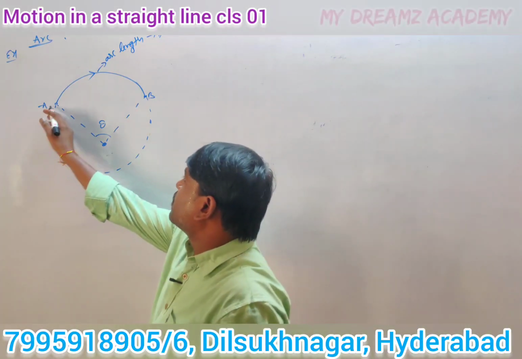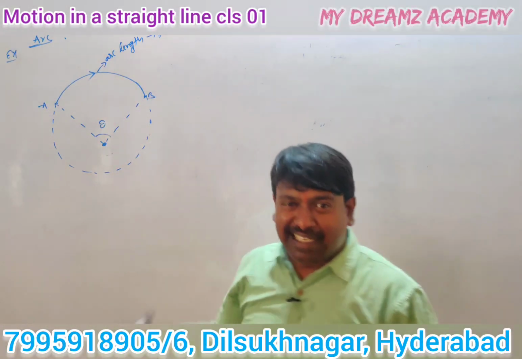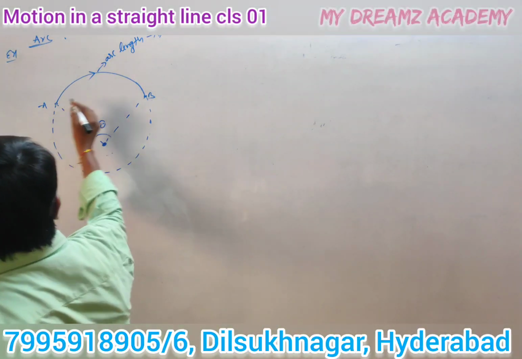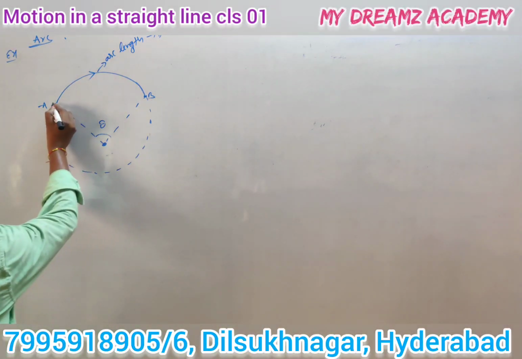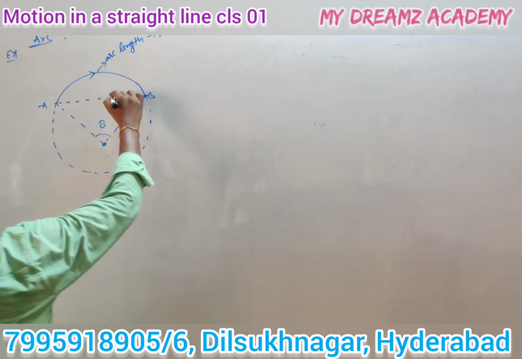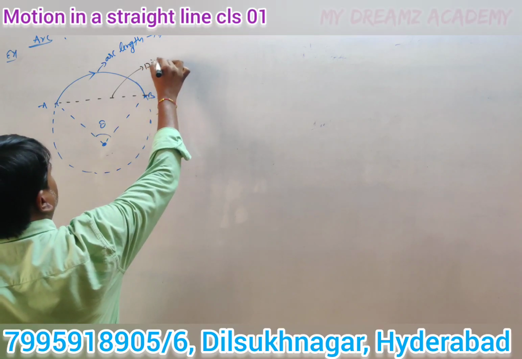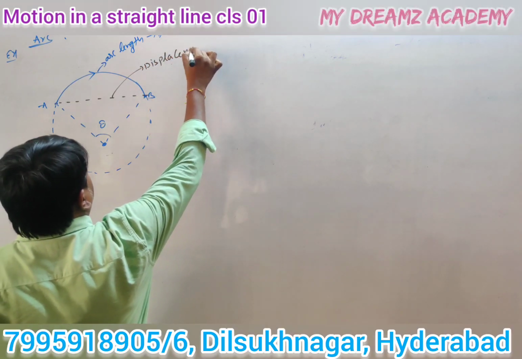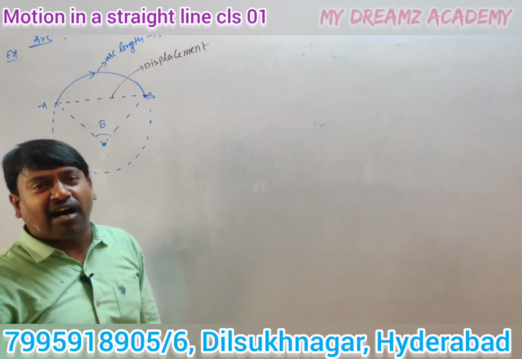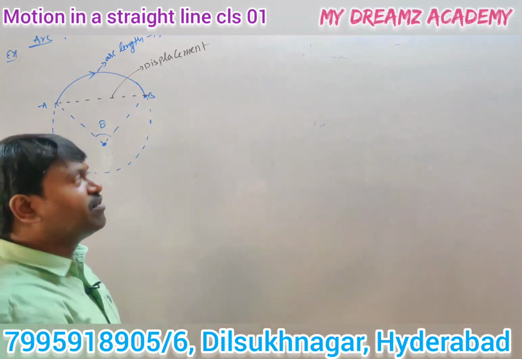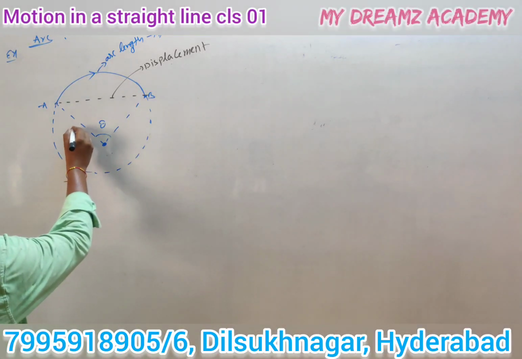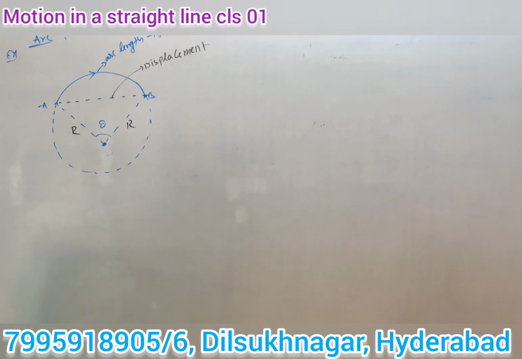This is the initial position, this is the final position, and the shortest distance between them, like this, is the shortest path. That shortest path is called displacement. So we have to measure the distance and displacement covered by the body when it is moving in a semicircular arc of radius capital R.